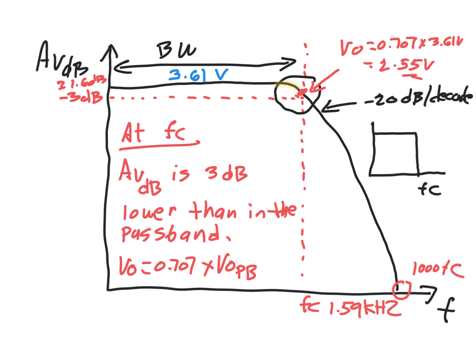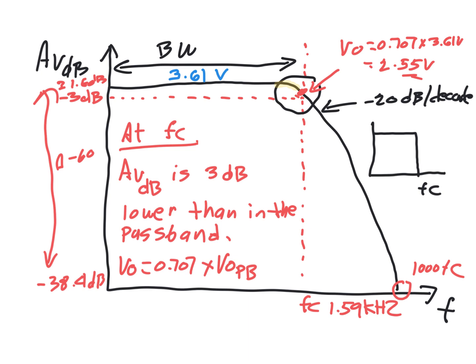So if you take your 21.6 minus 60, that would mean that at 1000 FC, the gain is down to minus 38.4 dB, a change of minus 60.